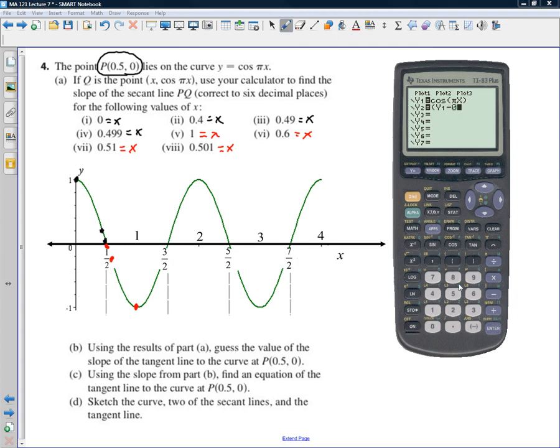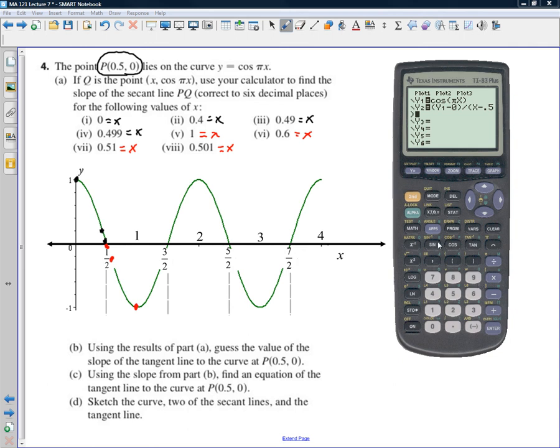I don't even need to include it, but I will for the sake of completeness. That's our 0 that goes with point P. So that's our change in y, and we're going to divide by our change in x. Well, the x is whatever x we include, and we're going to subtract from that our given x, which is 0.5. So that's our change in y over our change in x. And for these problems, you can just leave formula 2 in there and keep changing out formula 1.